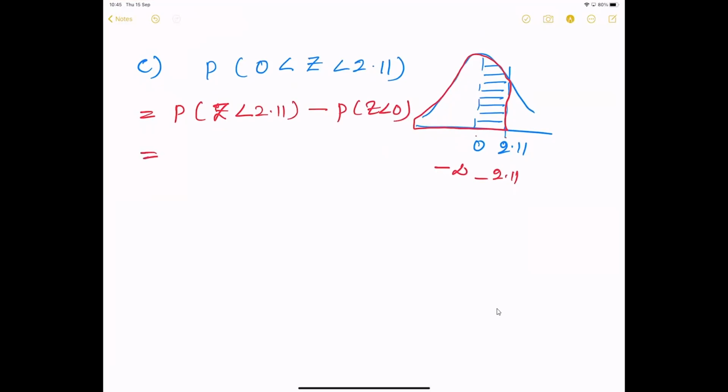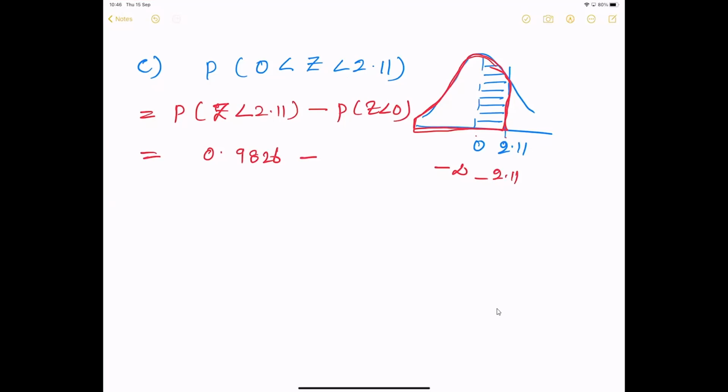For Z less than 2.11, that is 0.9826, this total red area.